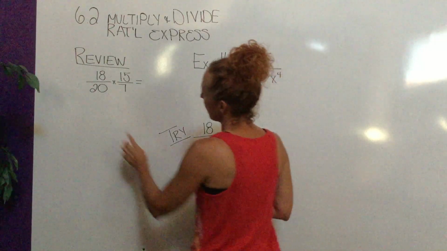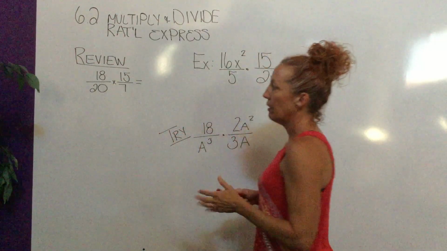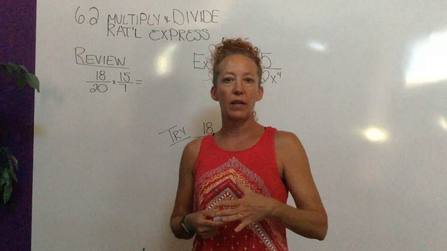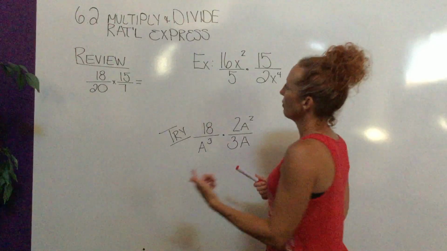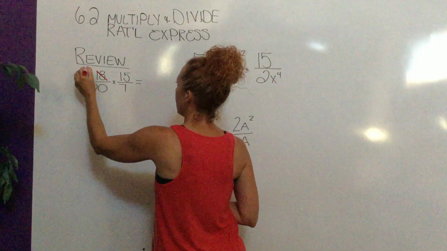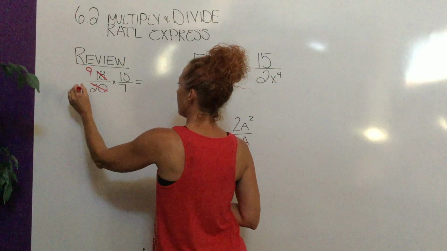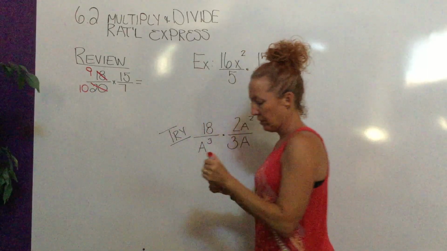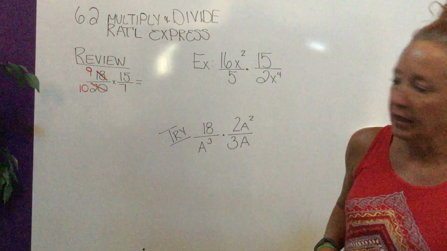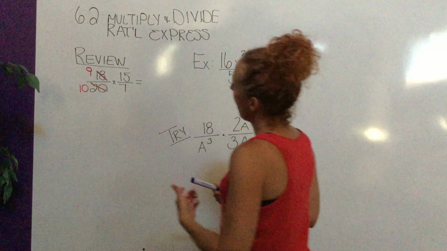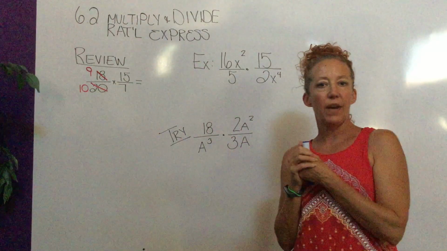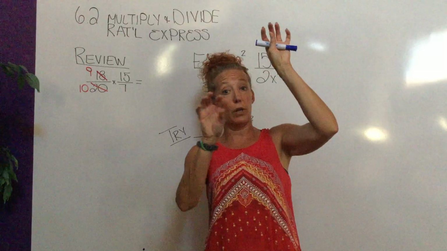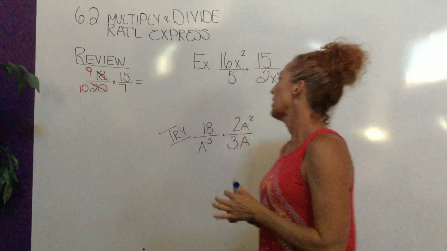So for instance, between 18 and 20, both of those numbers are even, and you can reduce both of them by a factor of 2. So 2 goes into 18 9 times, and 2 goes into 20 10 times. I'm going to make this really colorful here today, and I'm going to look now and say, are there any common factors that I can do from any numerator and denominator, even if it's diagonal?